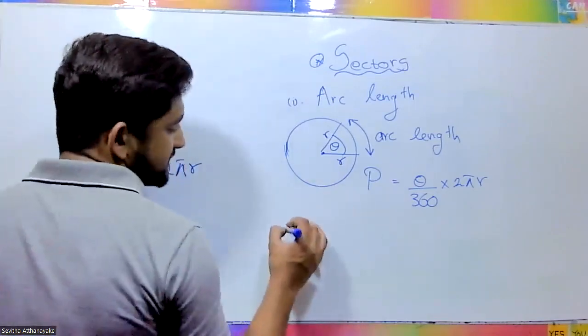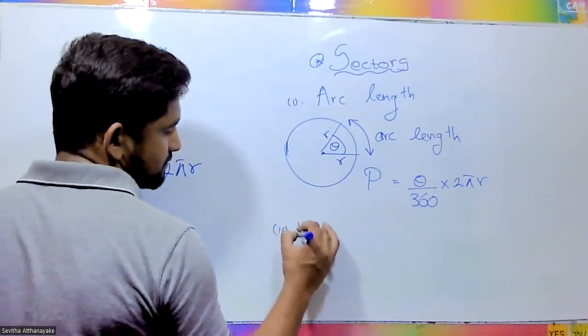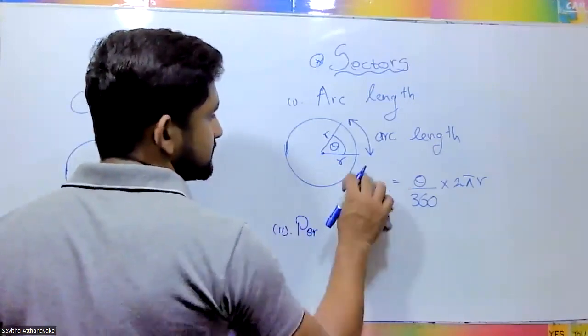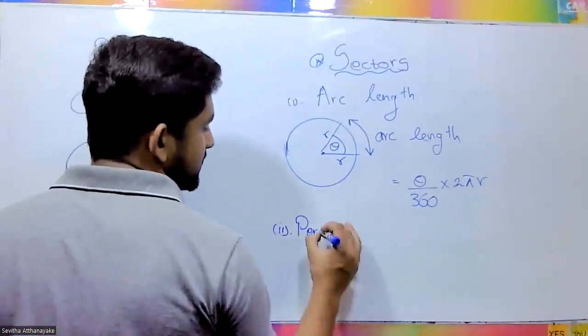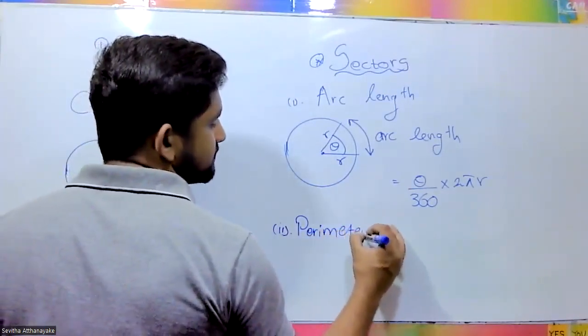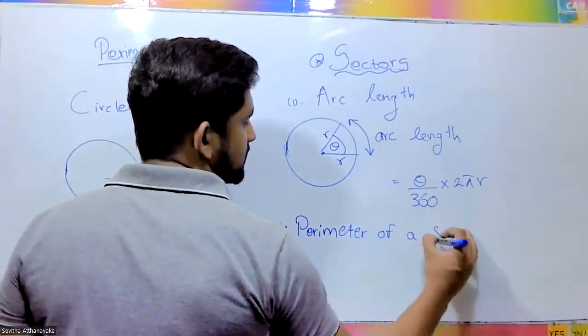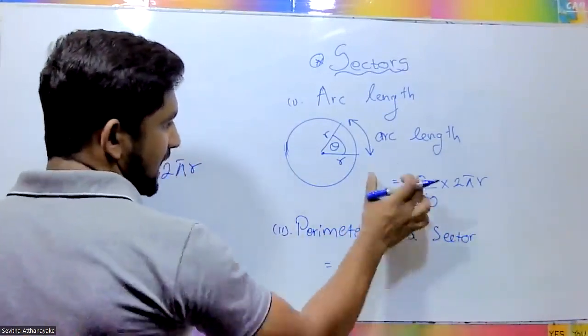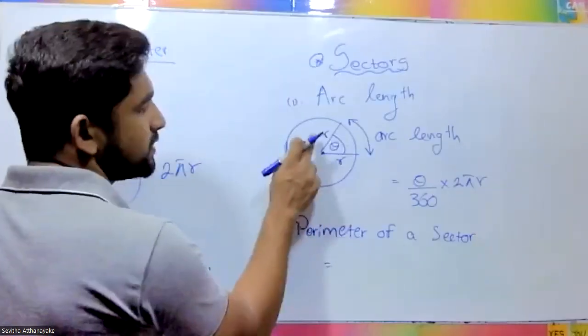Then the perimeter of a sector. This is the arc length. Perimeter equals arc length plus we have two radiuses here.